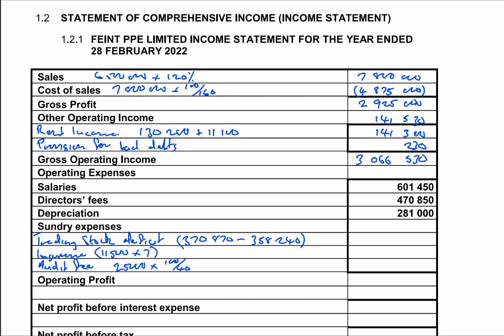I had to get the 100%. Right, let's calculate this. That's 25,000 times 100 divided by 40. That's 62,500.